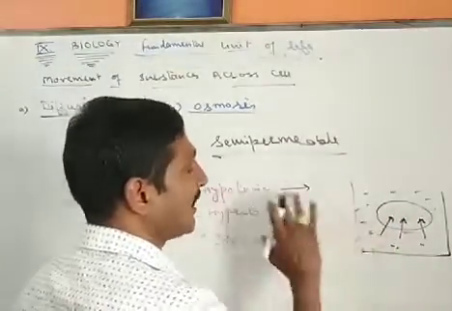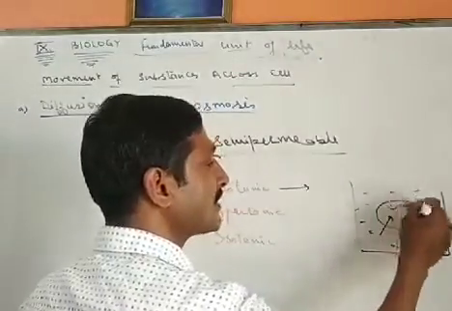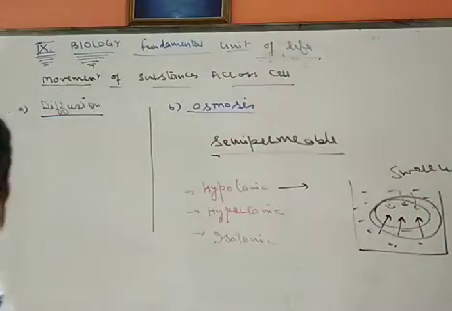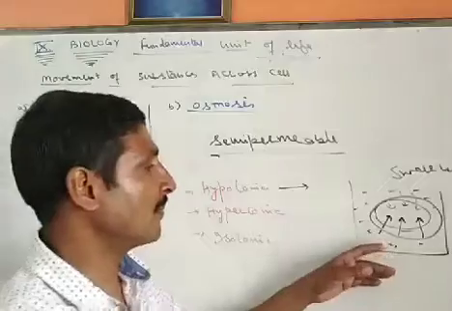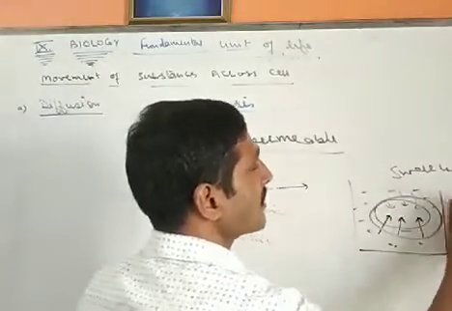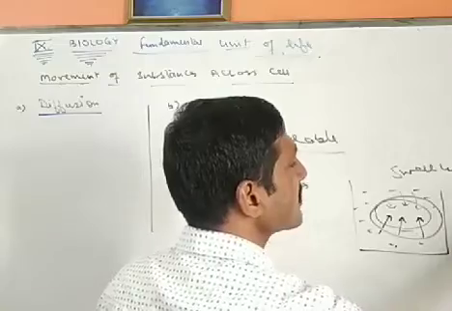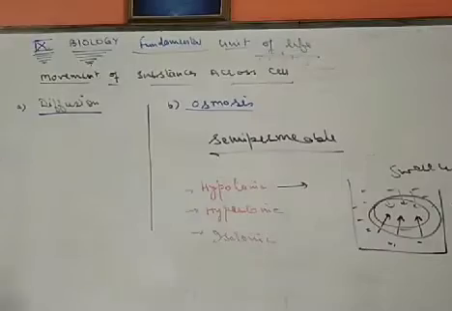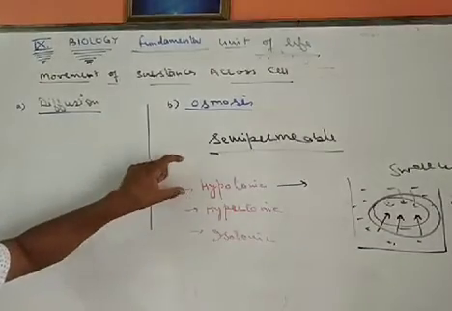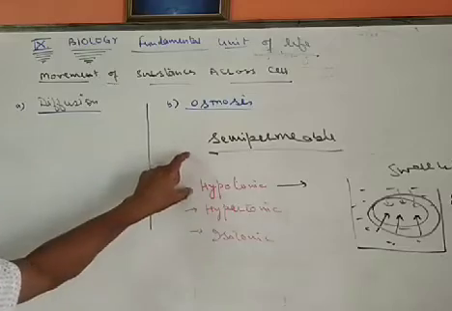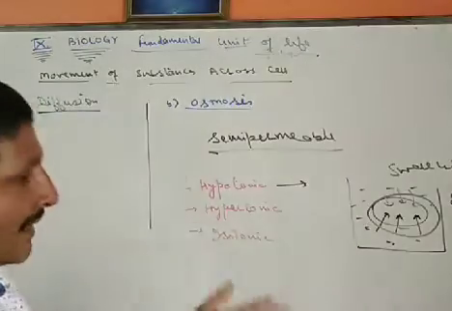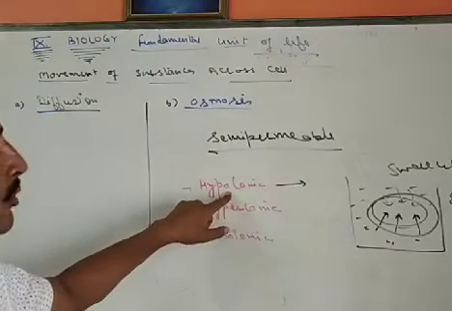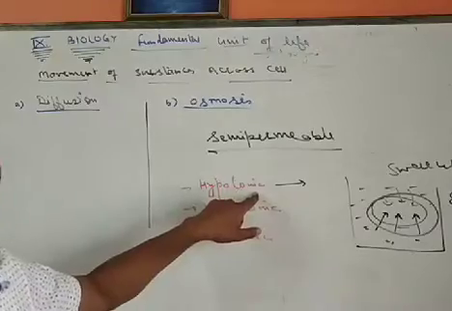Thus, if a cell is kept in a hypotonic solution, the water will enter the cell and the cell will swell up. This swelling up of the cell is only due to movement of water from outside to inside the cell. Such a process is also called endosmosis, as water is entering inside the cell. Thus, a hypotonic solution is that solution which, when separated from a standard given solution, gains water and its concentration is lesser in terms of solute than that of the given solution.